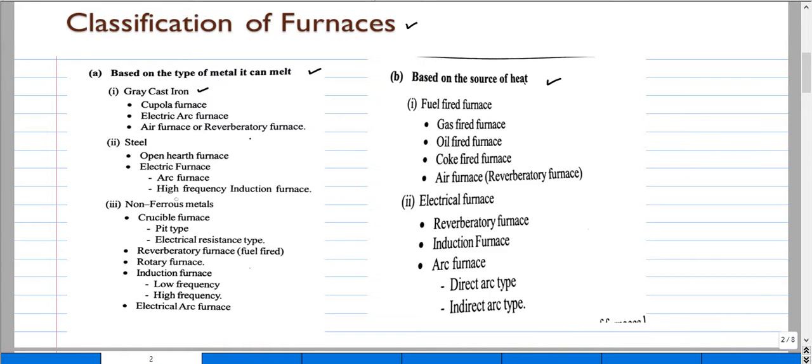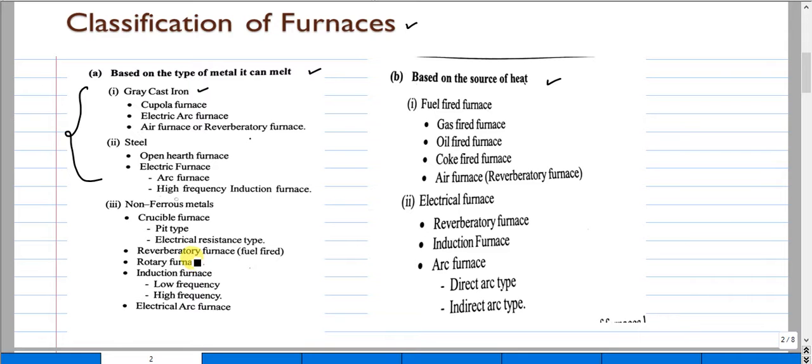Following are the classification of furnace where I can melt only the gray cast iron. In case you want to melt steel, again we have further classification: open hearth furnace, electric furnace. In electric we have arc and high frequency induction furnace. So this is the first and second is for ferrous metal.